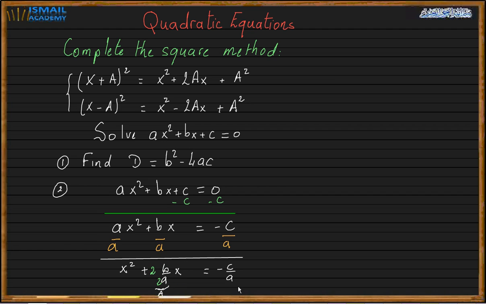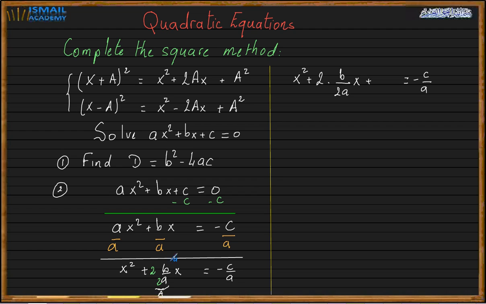So let me put a line here, because you see the steps on the same board. So I have now x squared plus 2 times b over 2a times x, and I put space here, then plus, and here will be minus c over a.